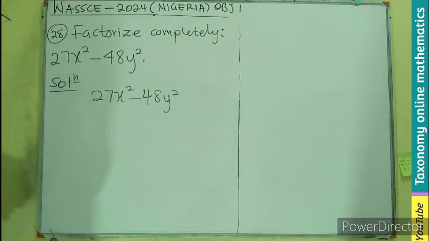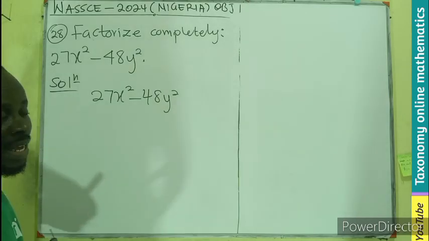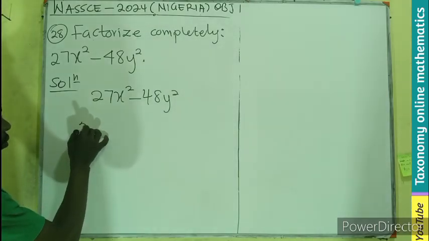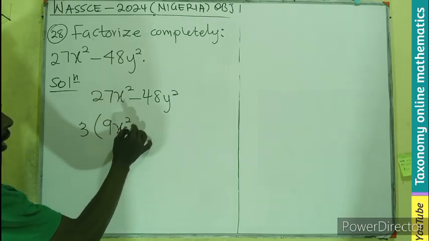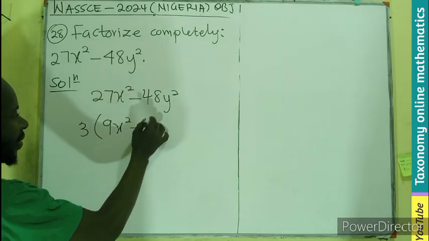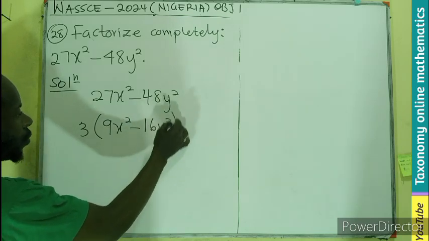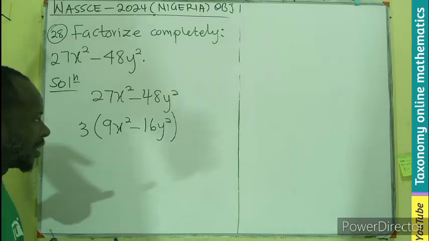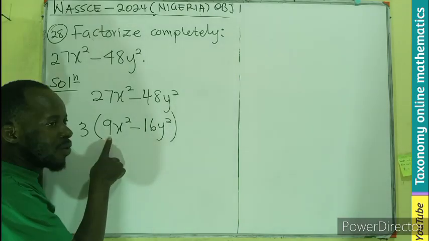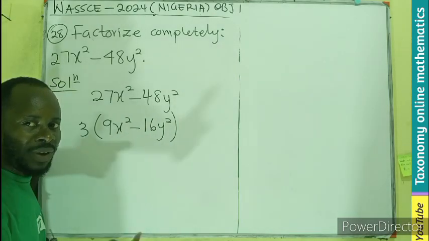The common factor between 27 and 48 is going to be 3. So 3 dividing this will give you 9x squared, minus 3 dividing this is 16y squared. In the bracket we have no other common factors, but we can see that the coefficient of each variable is a perfect square.